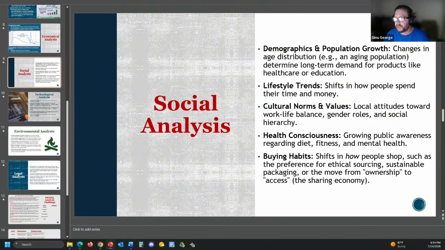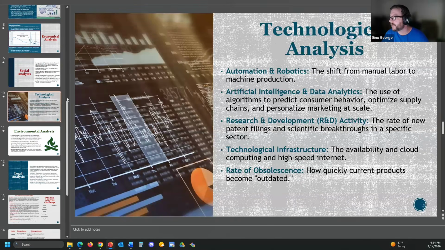So we've gone through the PES of our PESTEL, and then our next is the T, technological factors. Technology is generally the engine of disruption. Automation and robotics are continuously shifting production from expensive manual labor to highly efficient machine outputs. You see this basically everywhere in industry.